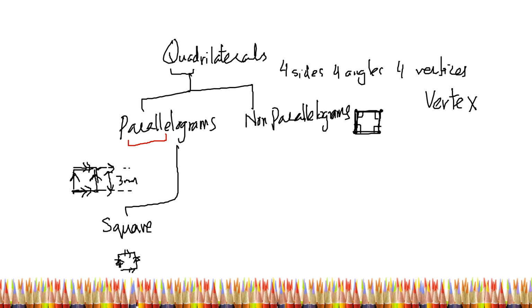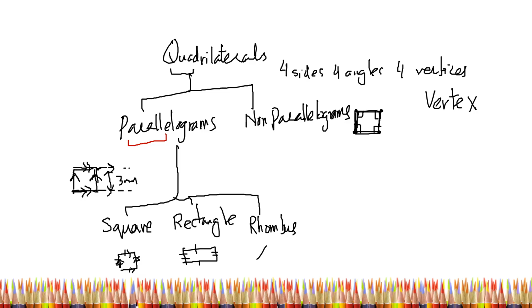And then we have rectangle. Rectangle is also a parallelogram. Why? Because both of its opposite sides are equal, plus again the opposite sides are parallel, that is the distance between them remains the same, and they never meet, right? Now again we have one more example in parallelogram, and that is rhombus.